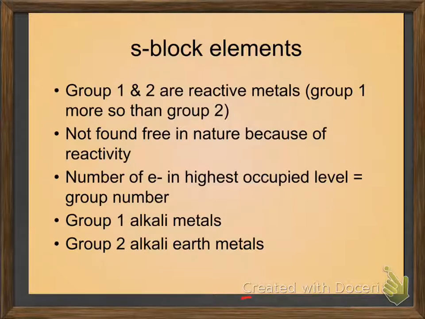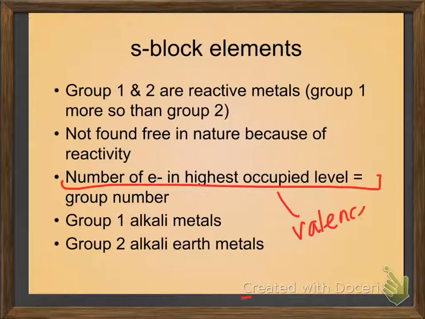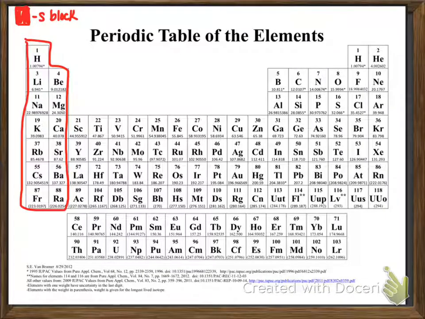The number of electrons in the highest occupied main energy level, also known as the number of valence electrons, is the same as the group number. So, group 1 has 1 valence electron. Group 2 has, oh, you guessed it, 2 valence electrons. Well, that's pretty easy. Okay, pick your next color, because you're going to color the P block.